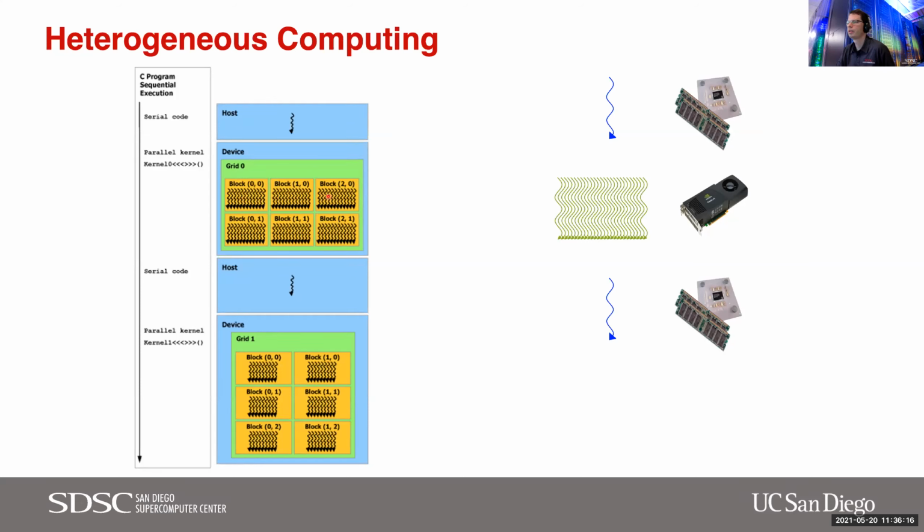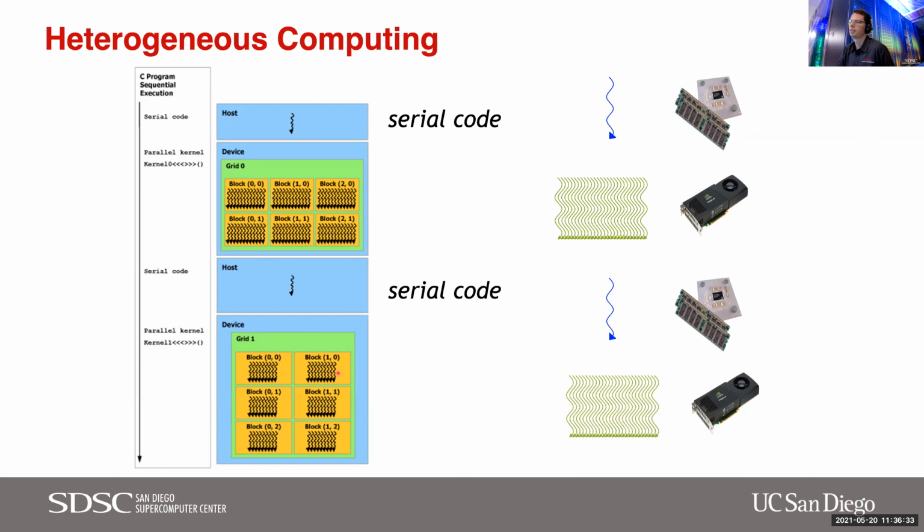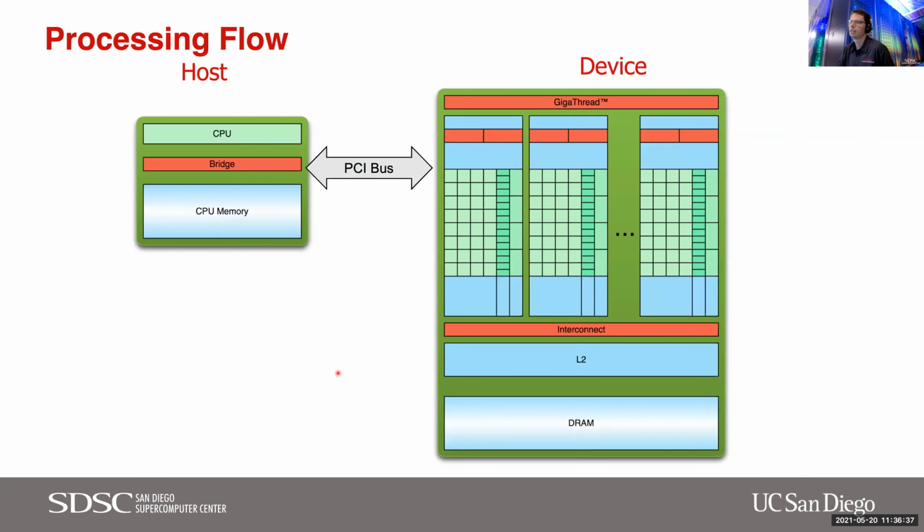So that's CUDA nomenclature. Then those blocks get mapped onto the different multiprocessors in the GPU, and they run in parallel. And then you return control back to the host, and then you launch maybe another kernel that does some different computation, similar to the library function call that we just looked at. So serial and parallel code, and that's how the processing flow looks.